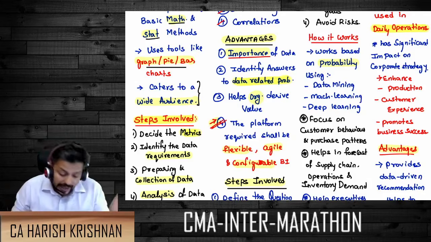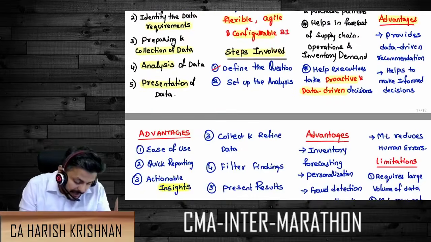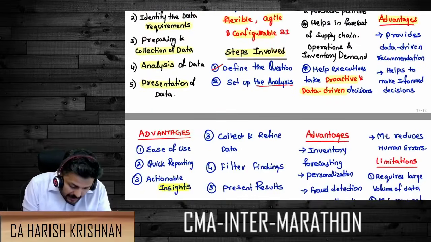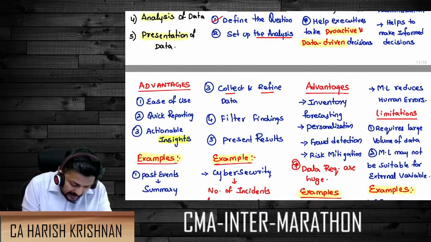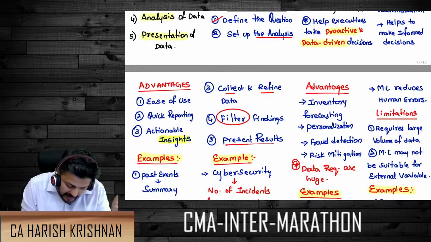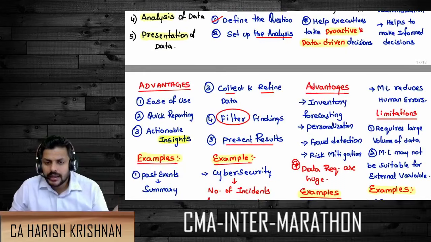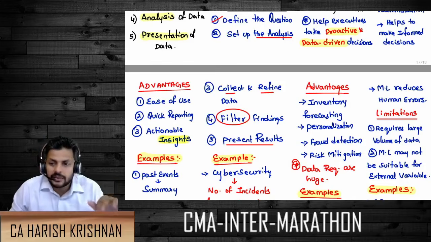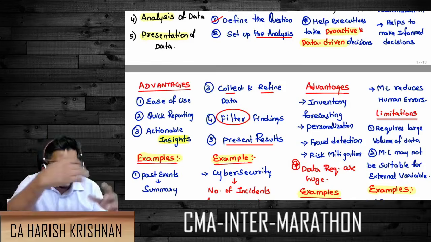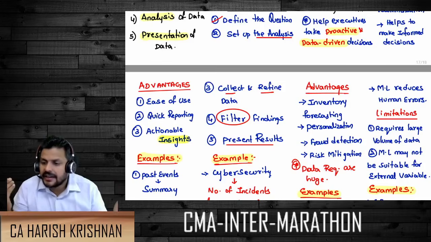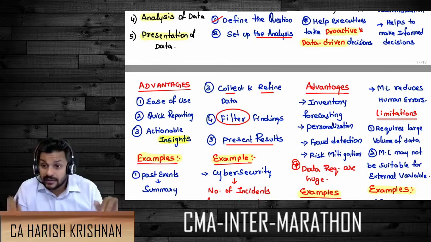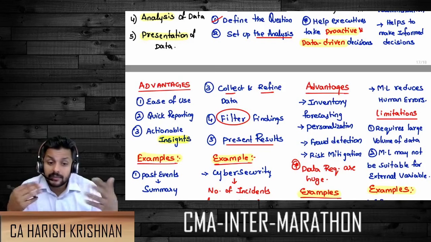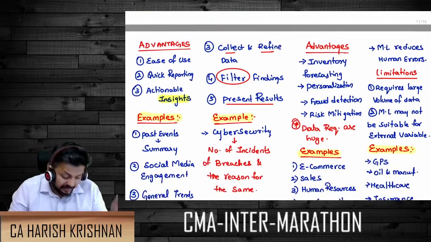How to do the diagnosis, steps involved: define what you want, the question, set up the analysis, collect all the data and refine it, collect and cleanse, then filter what you need, the findings, and finally present the results. Like you are doing cyber security data, you collected, and then you went through the entire data in detail, and then you found out how many times wrong sign-in attempts happened, the number of incidents or breaches.